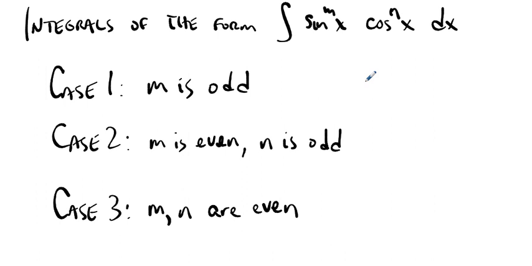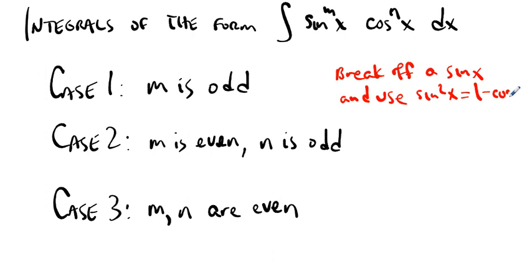In case one, we're going to break off a sine x and use the fact that sine squared x is 1 minus cosine squared x. This is that big trig identity from your work in pre-calc. We're going to break off a sine x, sort of leave it hanging out as a free radical, and use that trig identity.